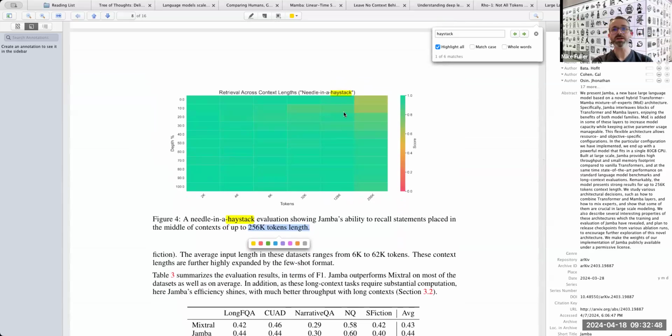But that just goes to show the benefits of the attention mechanism over this kind of compressive approach. So you have to weigh up the trade-offs of the inference time and the performance of this model compared to that.